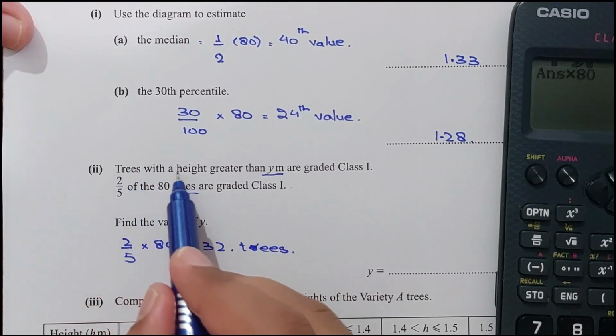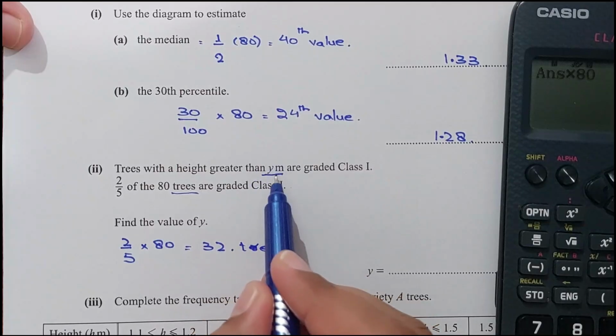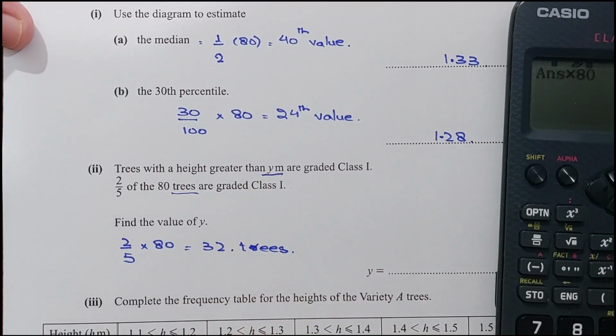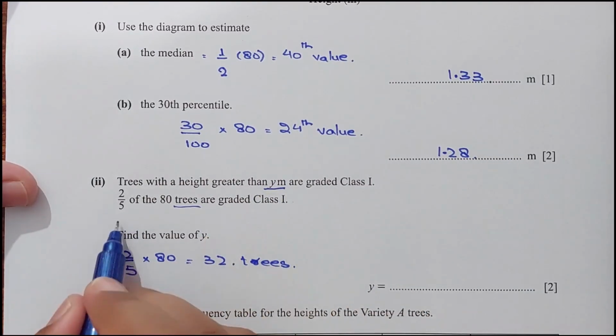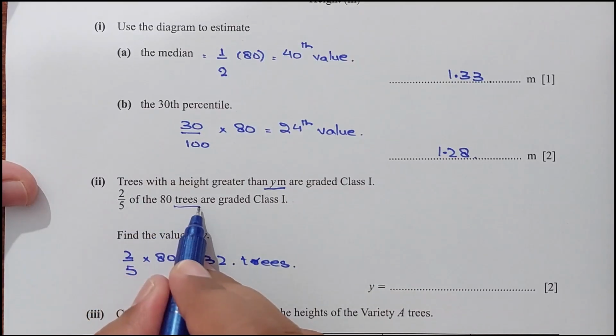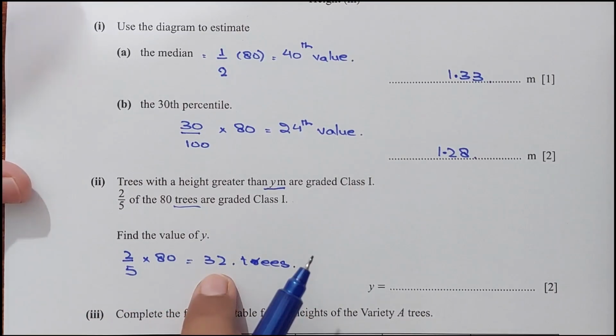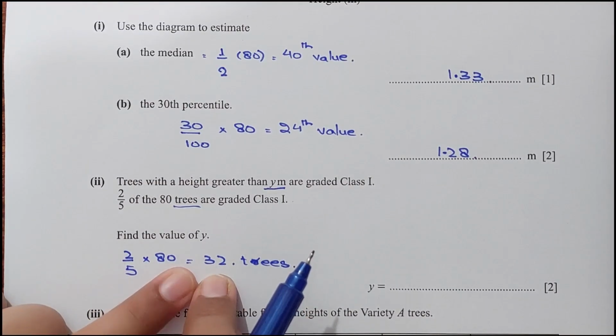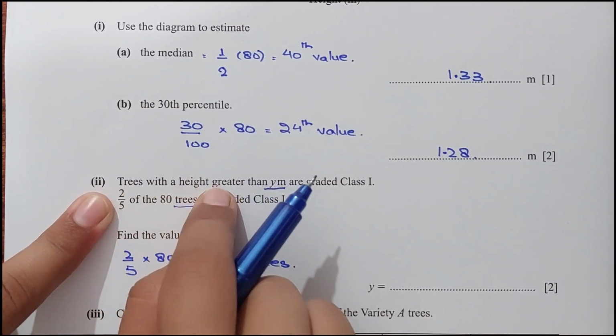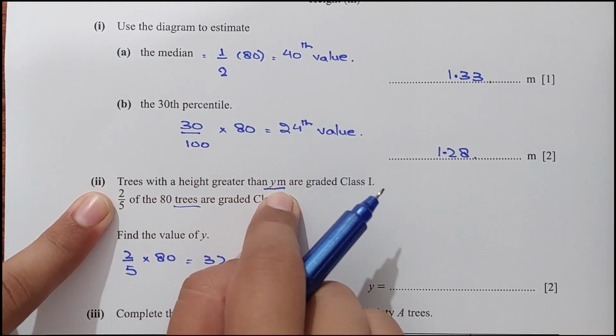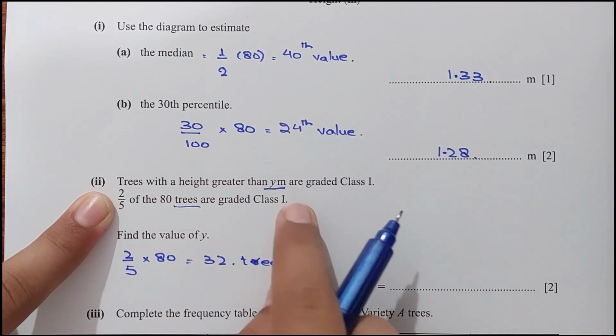Find the value of y. Trees with a height greater than y meters are graded class 1. So 2 by 5 of 80 is 32 trees graded class 1, right? We have to solve for y. So 32 trees are graded class 1, meaning trees having a height more than y meters.